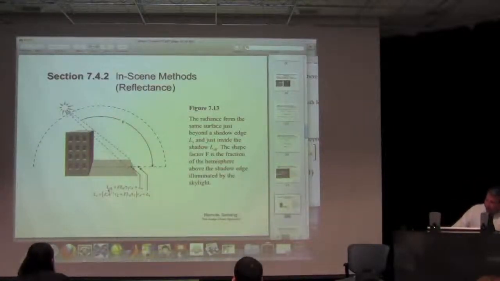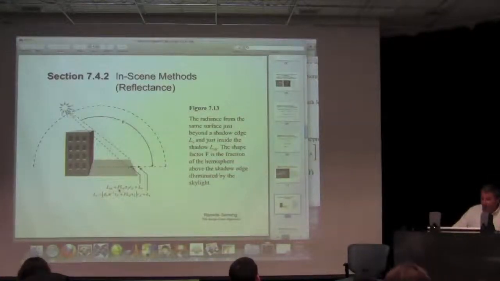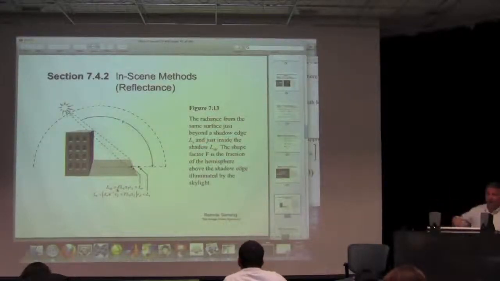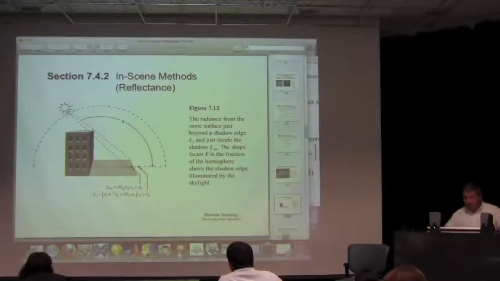So here's the radiance in the shadow. Right? What's the radiance in the shadow? Well, it's your F. Remember F? That was the fraction of the hemisphere that was sky. Okay. So if F turned out to be 0.8, that was 80% of your hemisphere was sky. Some small portion might be blocked by a building.